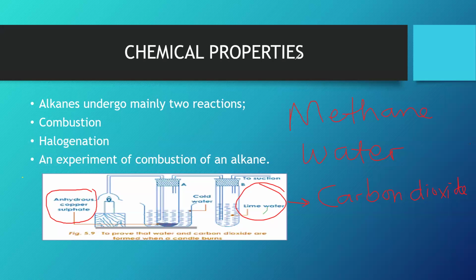Yes, Aaron? Anhydrous cobalt 2 chloride. Very good. So we can use anhydrous cobalt 2 chloride or cobalt 2 chloride paper. And what observation do we expect to get? Bridget Jones?